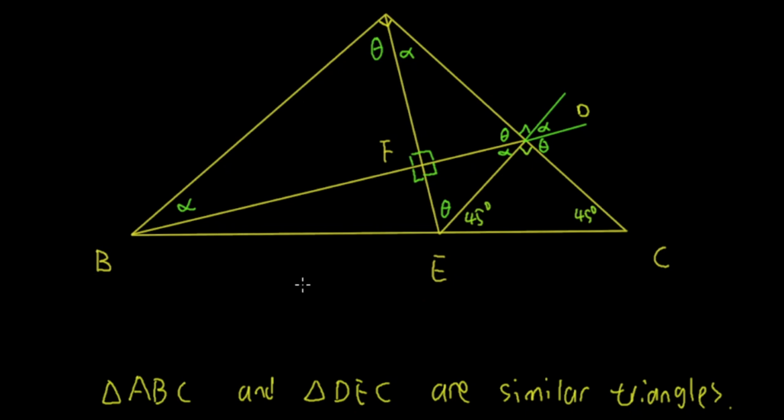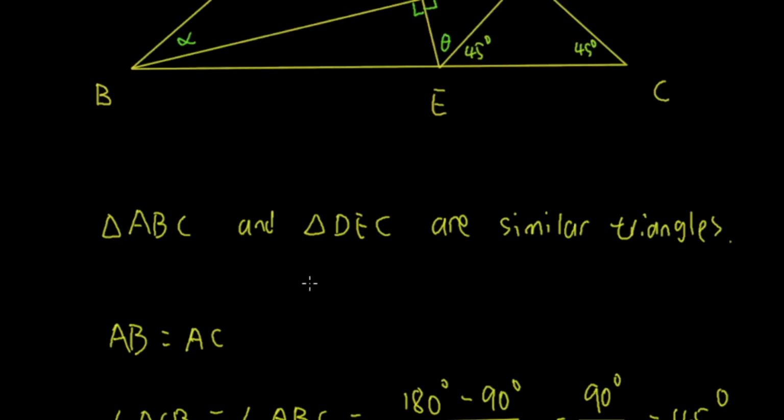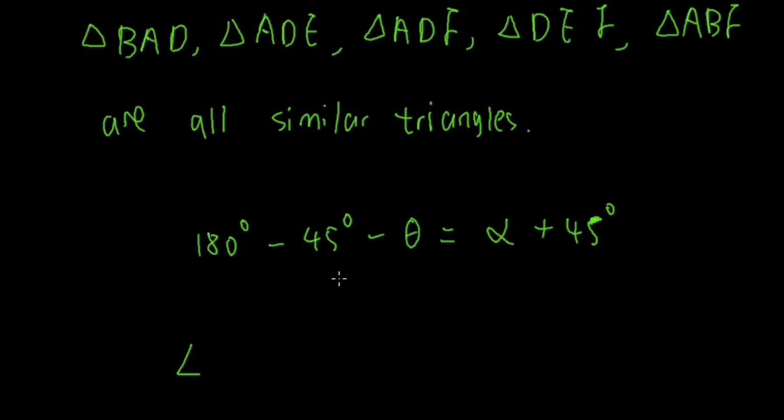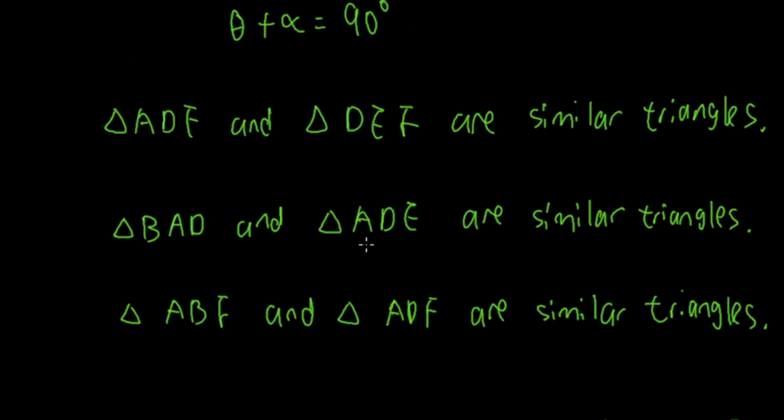Then how about this angle here? All the angles here should add up to 180 degrees. So 180 minus this angle, which is alpha plus 45 degrees, minus 90 degrees, gives you this angle, right? So this angle here is FBE, angle FBE, which is equal to 180 degrees minus alpha plus 45 degrees minus 90 degrees.